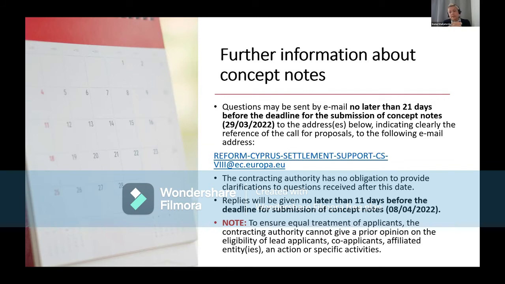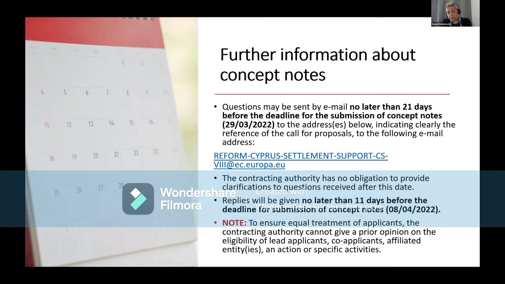There is a set of activities and set of actions that are eligible. It is a non-exhaustive list, but anyhow, all other activities need to be similar to the ones that are listed there. And you have also the list of non-eligible activities.